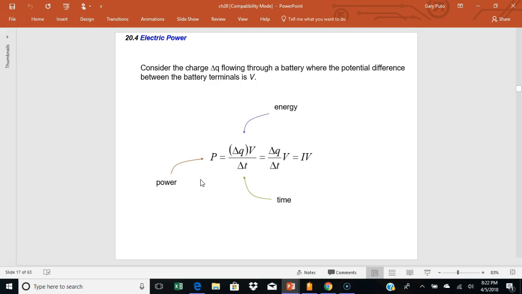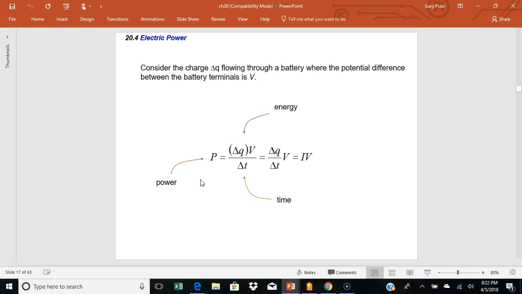If you look at my lecture aids, power is equal to the change in energy divided by the change in time. Here we have electrical energy, so you have the change in electric potential energy. Go back to chapter 19, where we talked about voltage. The voltage, or electric potential difference, is equal to the change in electric potential energy divided by the charge.